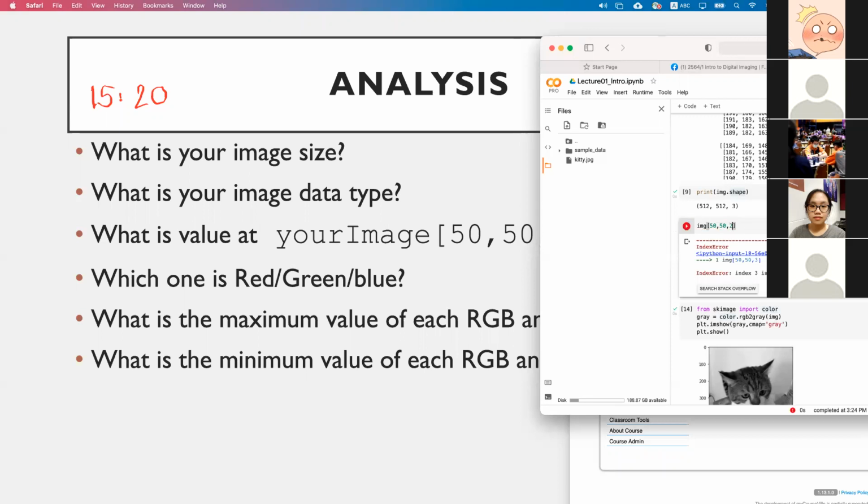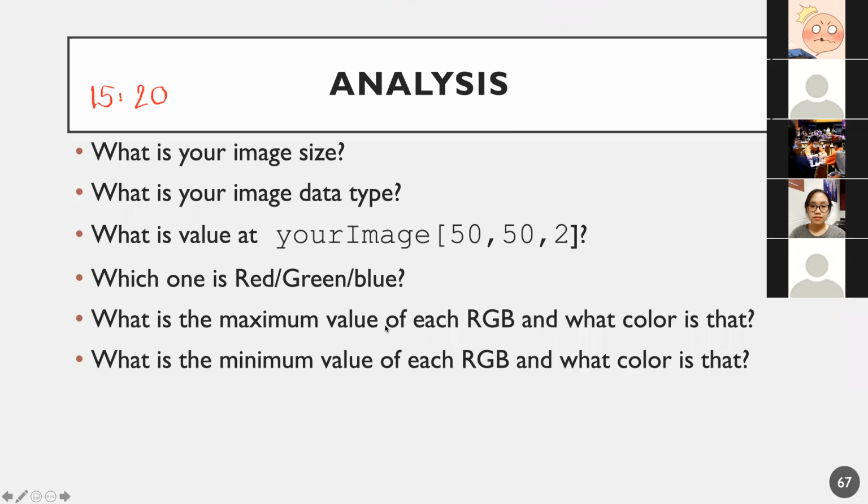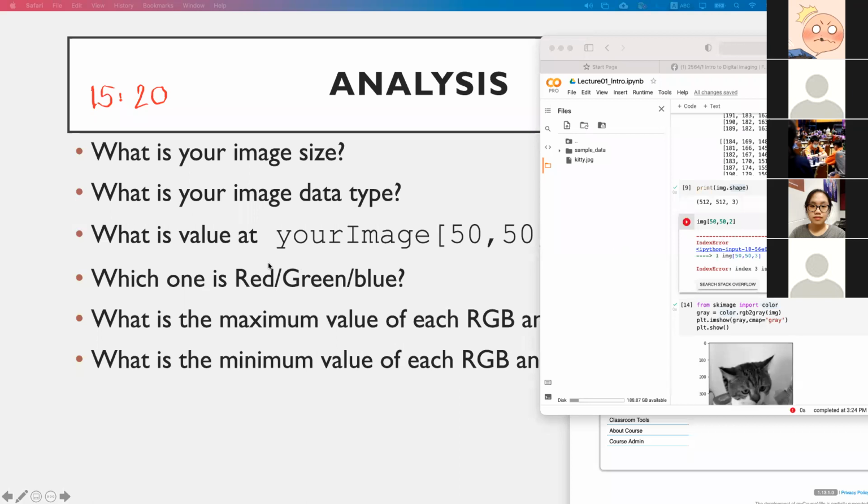So the index 2 would be red, green, or blue. You're not sure, right? That's okay. We will take a look at that later on. Hopefully I think it's red, green, blue, so maybe it's blue. It should be blue.